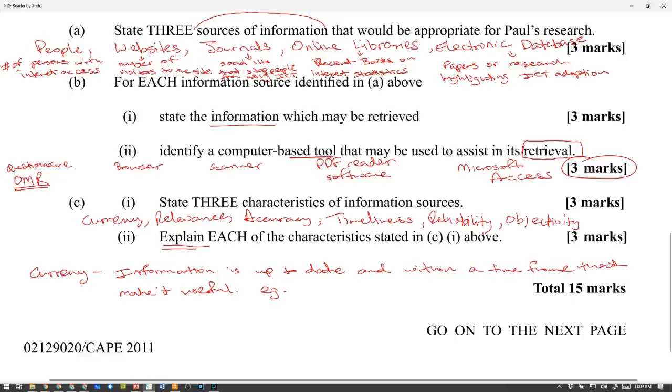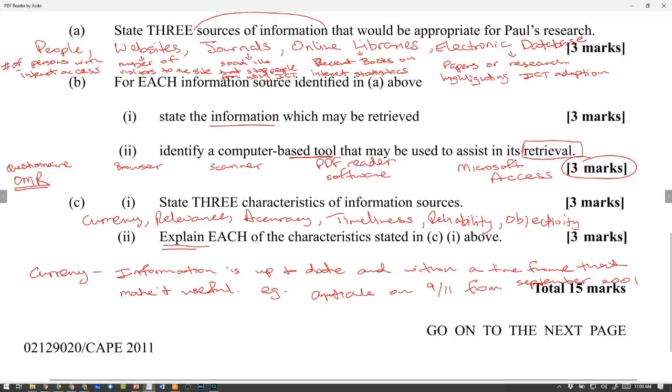Example: an article on 9/11 from September 2001. 2001 was, yeah, somewhere around that.